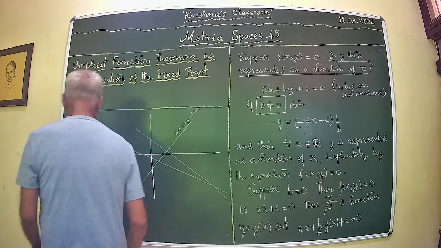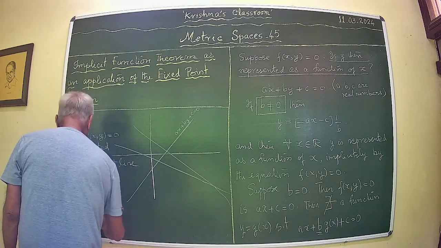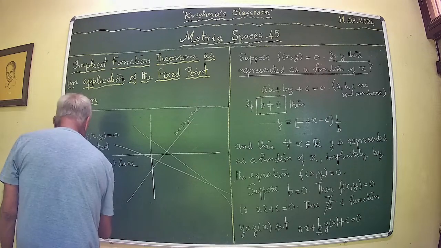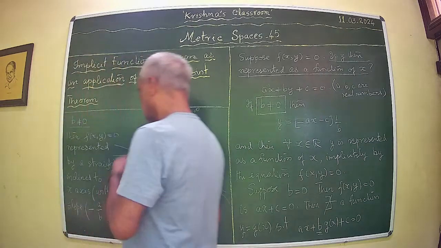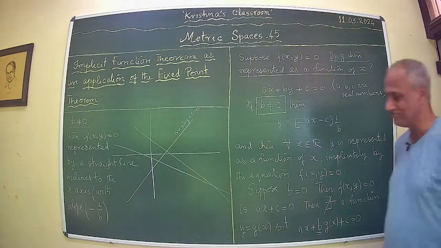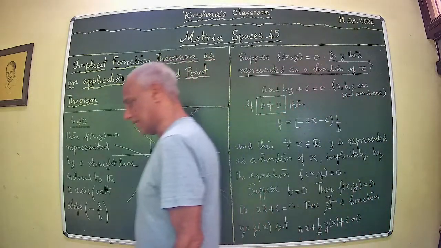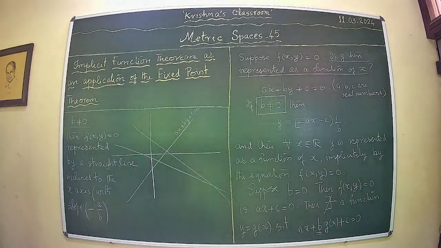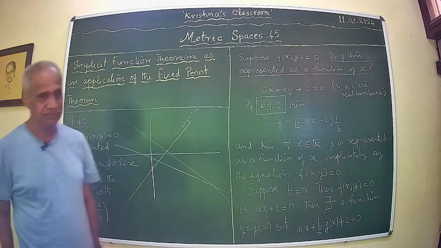So minus a by b, okay, a can take any value. Irrespective of what value a takes, it will be a line.